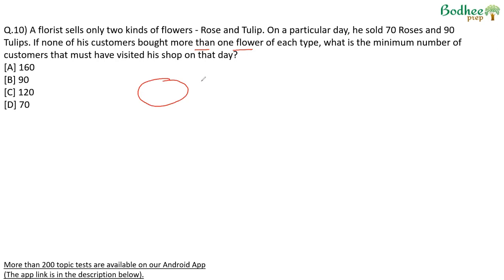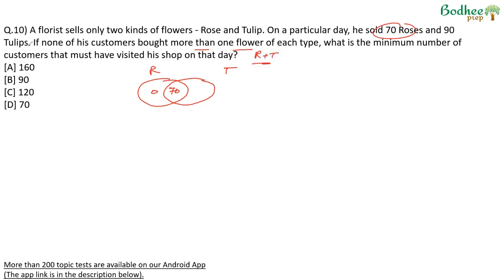So the customers will either buy a rose or a tulip, or both, one rose and one tulip. There are 70 roses. Suppose all these people who bought roses also bought tulips. So none of the persons bought a rose alone. If they bought a rose, they also bought a tulip.